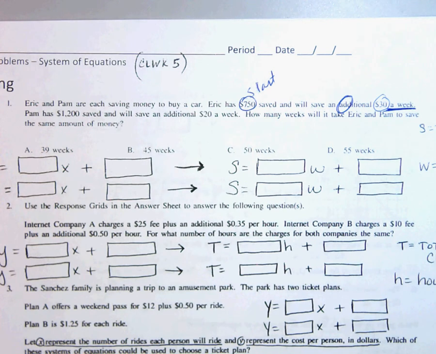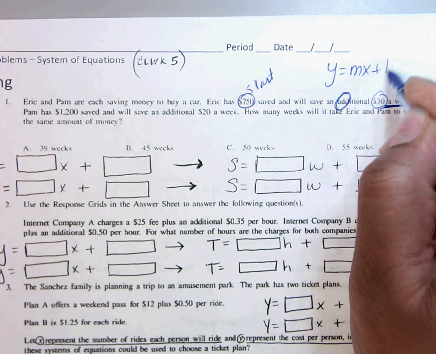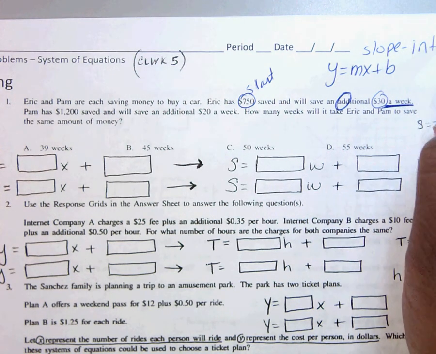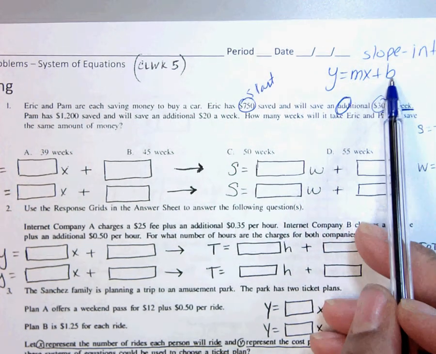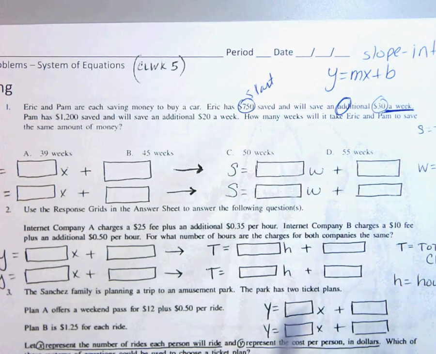This word problem is set up for what I call slope-intercept form. Y equals mx plus b. That means one of the numbers you see in this sentence will be m, one will be b.